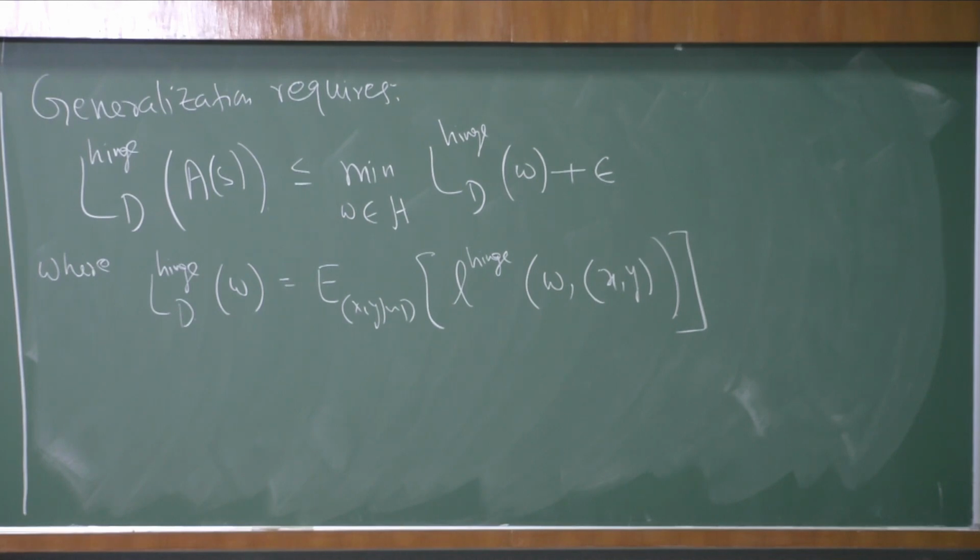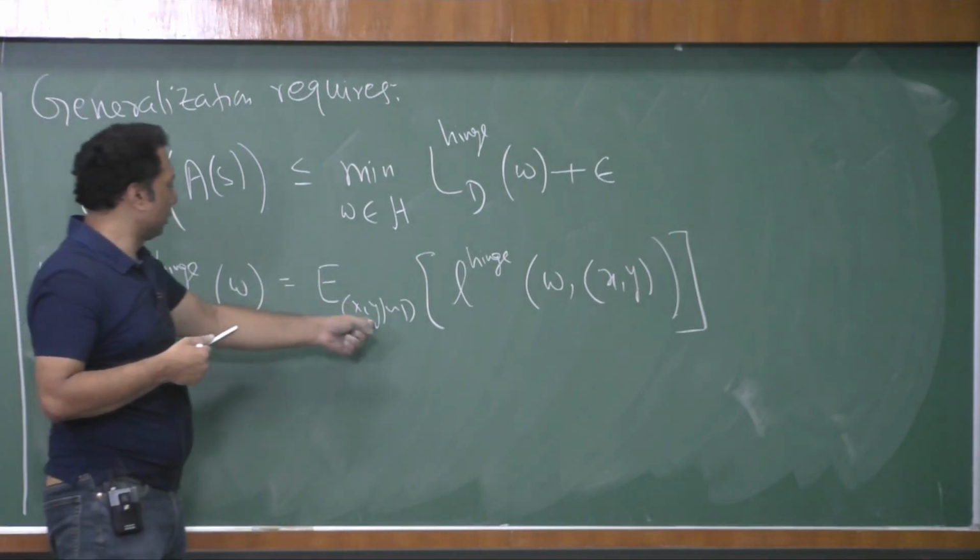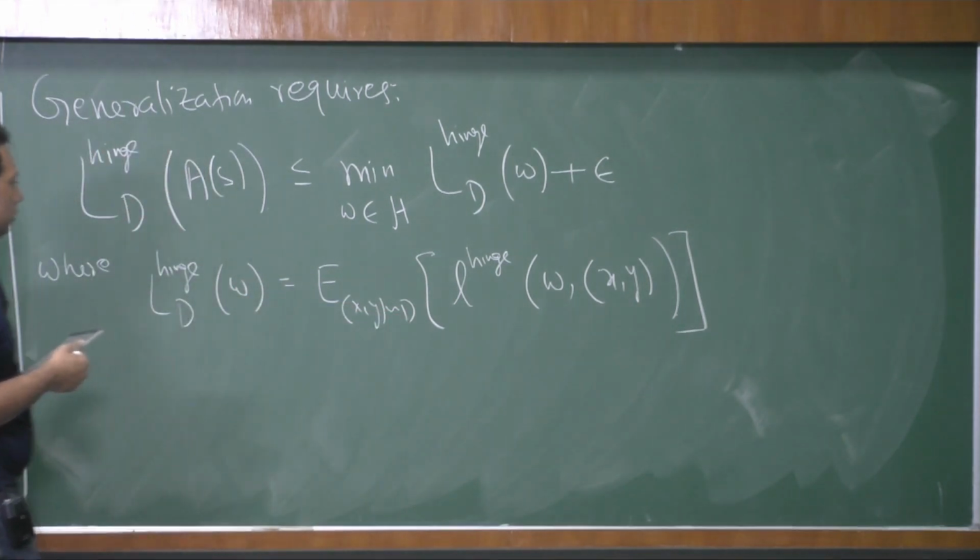That is the way it's defined: the error it makes in general on all the samples taken from the actual distribution.